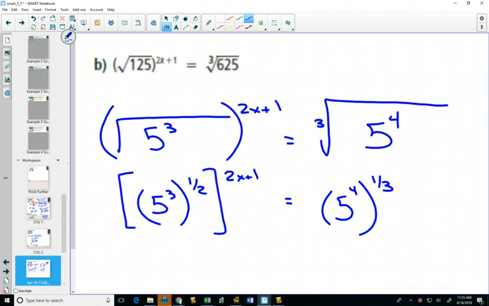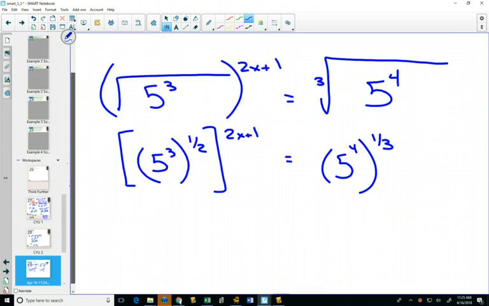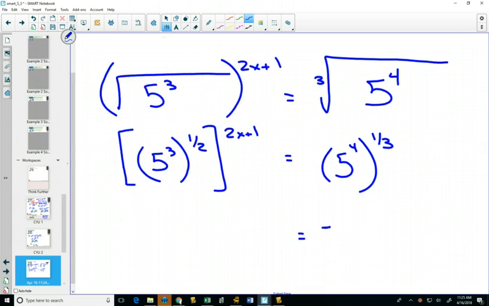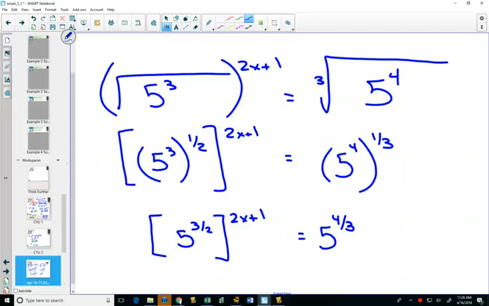We've already talked about this, a power to a power, using our exponent laws and our exponent rules. That's 5 to the 4/3. And on this side, we will have 5 to the 3/2.